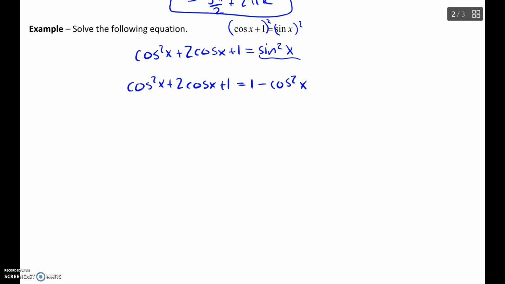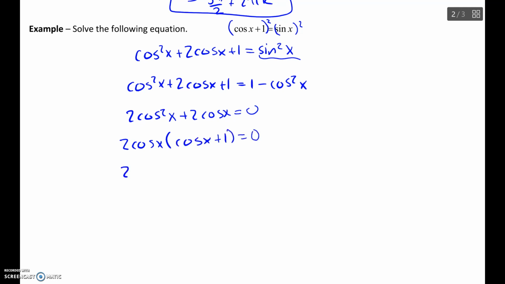Move it over. So I have 2 cosine squared x plus 2 cosine x equals 0. So factor out a 2 cosine x, and you get cosine x plus 1 equals 0.